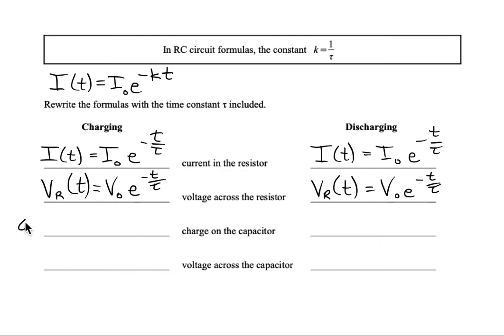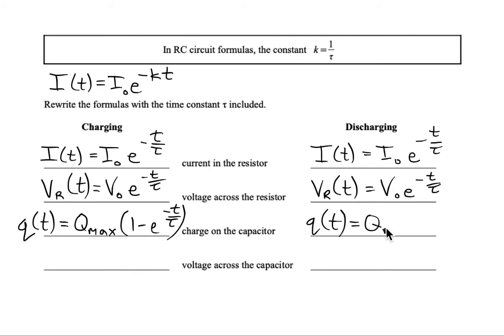For the charge on the capacitor, the formula looks a little different. It'll look like that, because here we are building up the charge over time. But when we discharge, we'll have this.